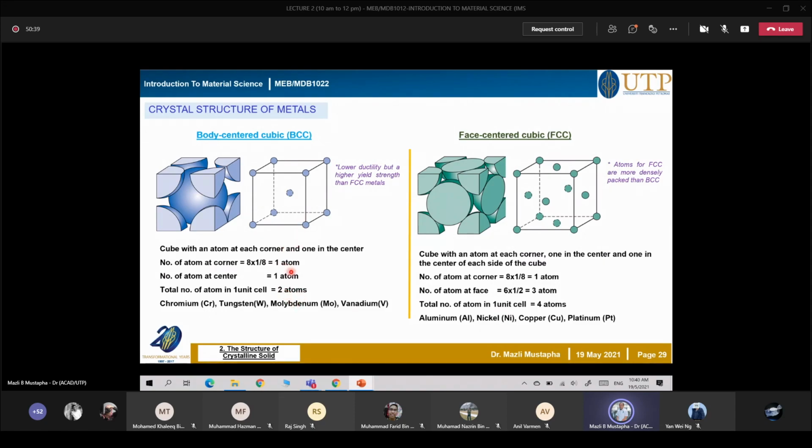How did you get 2? As I mentioned earlier, we have 8 atoms at the corner, and then we have one sole atom in the middle. That's why we have 2. This is how we calculate it. For the face centered cubic, we have 4 atoms, and normally the metals that exist as face centered cubic are aluminium, nickel, copper, and platinum.